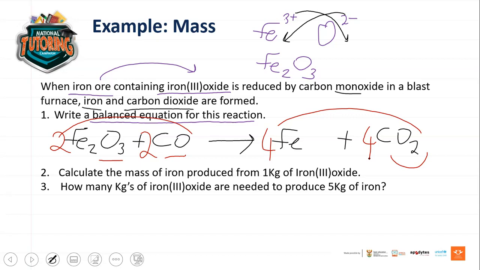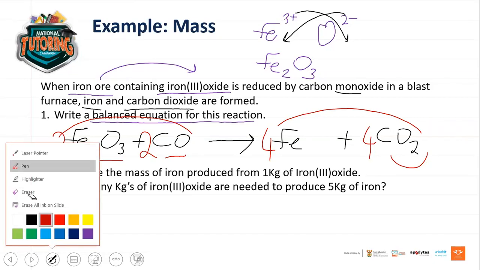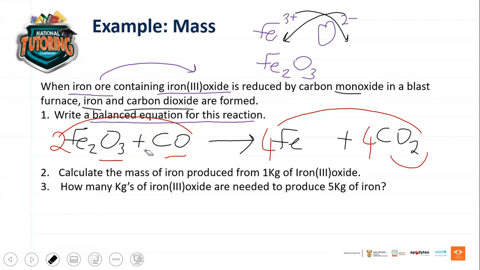Right. Calculate the mass of iron produced from 1 kg of iron 3 oxide. Okay. So what's very important, no, this is not balanced yet. Maybe we need to put a 3 here.